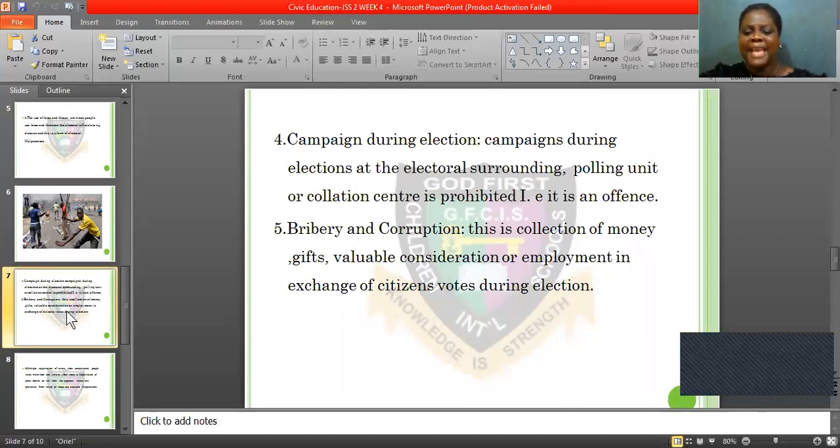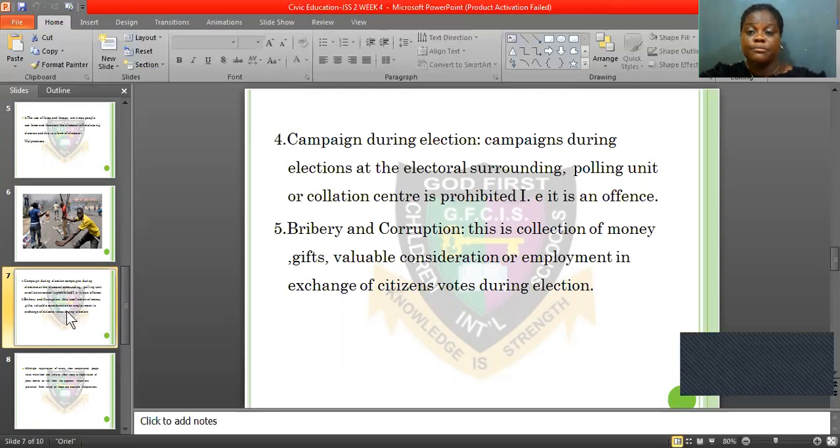Another one is campaign during election. There are do's and don'ts that INEC has given the political parties and their candidates. Most especially during election, you can campaign before the election date, but on election day, you don't campaign. And there are so many things you can do to campaign on election, it's not only by talking.